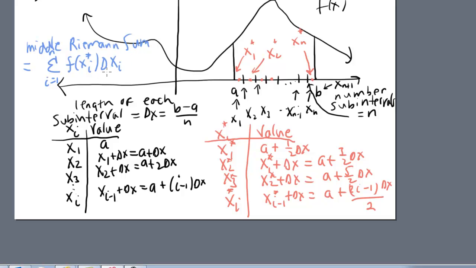And since delta x is the same for each subinterval, we could write this as the summation i equals 1 to n of f of x sub i star times delta x.